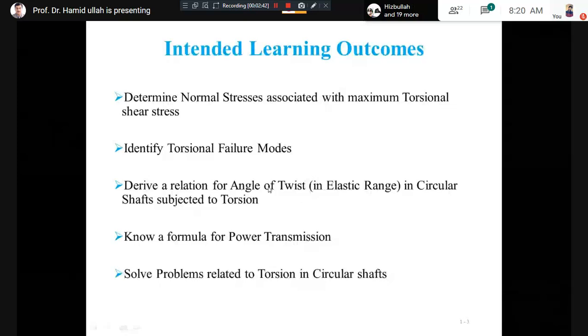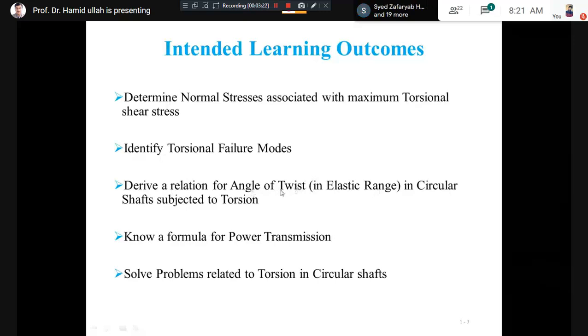Third, there is something with respect to angle of twist, which we discussed last week. In this part of the lecture, we would like to derive an expression for the angle of twist, which you can call angular deformation. In previous lectures, when the load was axial, normal load, it could cause axial elongation, where the length may increase or decrease.